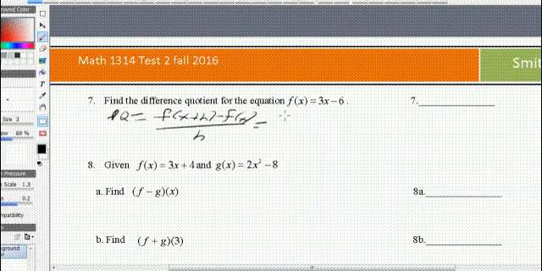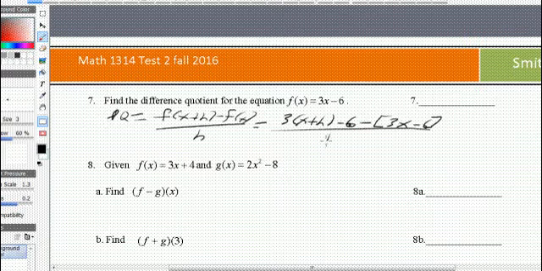That is simply 3x plus h minus 6, that's that function, minus, put this in parentheses, 3x minus 6, over h. That cleans up, if you do all the work, to 3h over h. The h cancels, so that turned out to be 3.